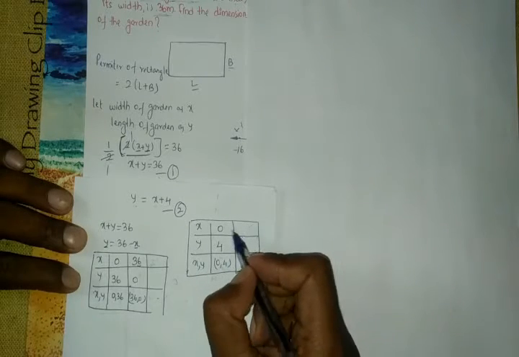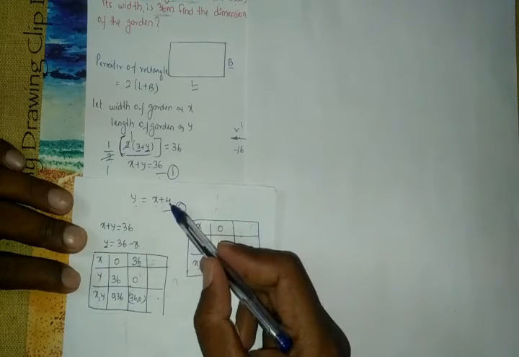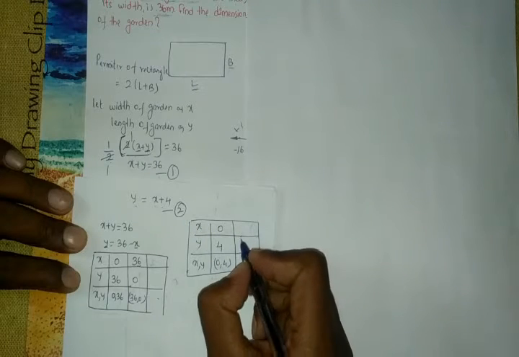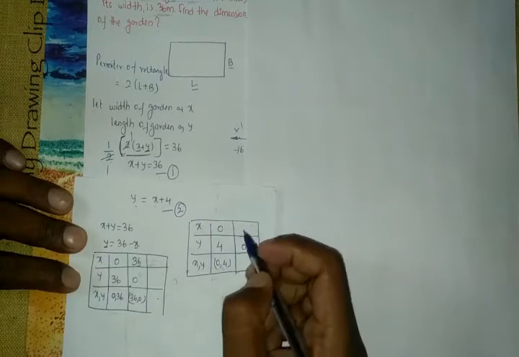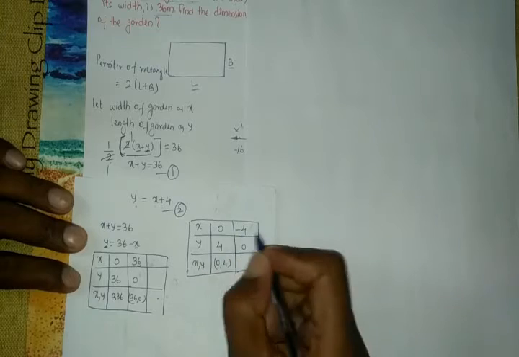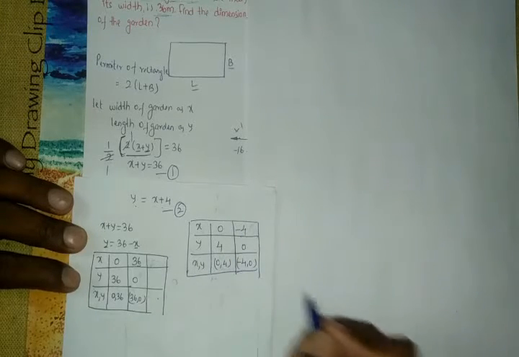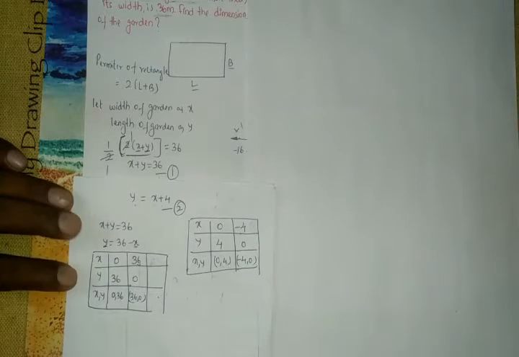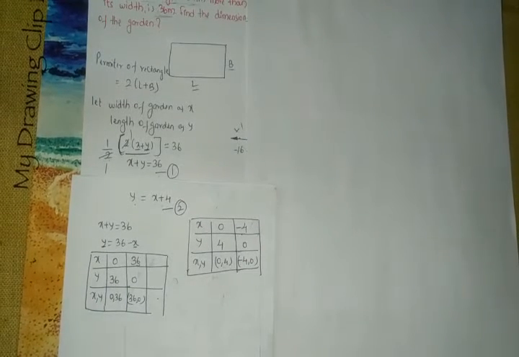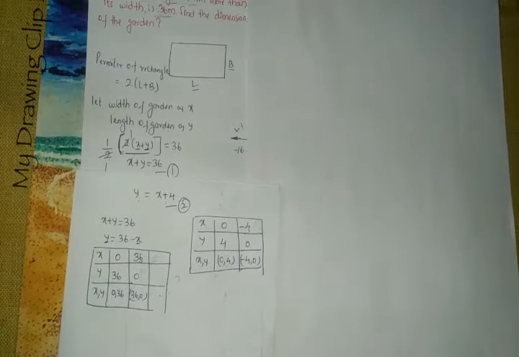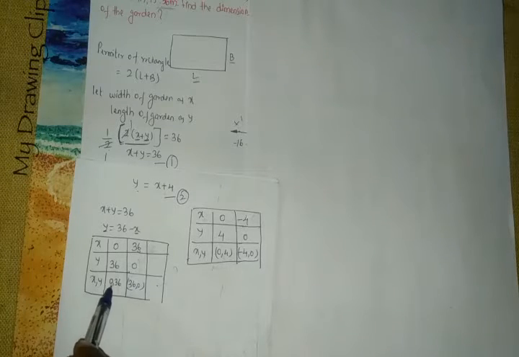Now when I put y value as 0, I will get x as minus 4. So this is minus 4 comma 0. So accordingly I have to select the intervals along the x-axis and y-axis to represent 0 comma 36 and 36 comma 0.